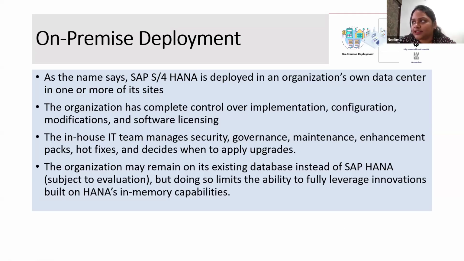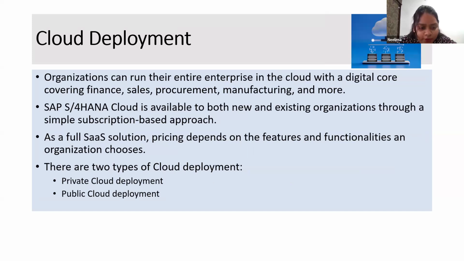Now let's go to the other type of deployment, which is cloud deployment. Cloud deployment means we are running SAP S4 HANA over the internet instead of installing it in the company's own data center. We'll have limited control, and we need to give more security for cloud deployments.